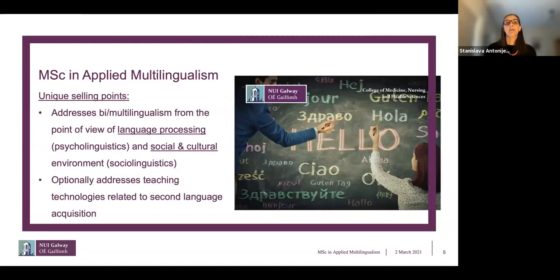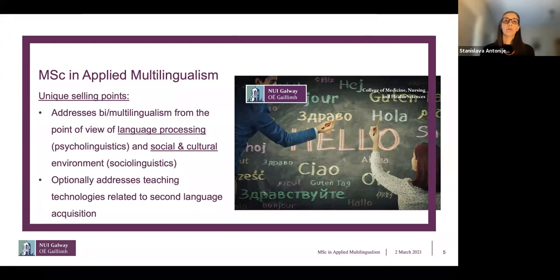Our unique selling point is that we address bilingualism from the point of view of language processing, which is mainly based on psycholinguistics. This part focuses on how an individual acquires and uses multiple languages.